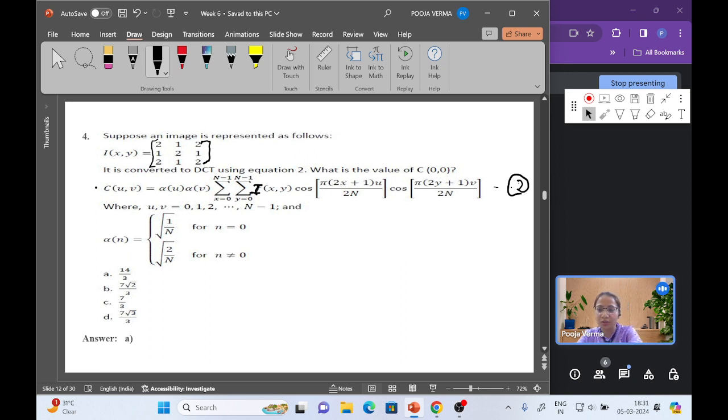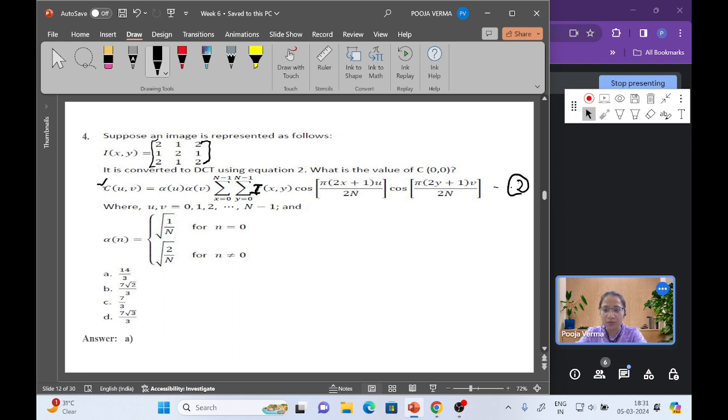This is equation 2. Here u and v vary 0 to n minus 1, and alpha(n) is defined for n equal to 0 as root of 1 by n, and for n not equal to 0 as root of 2 by n.